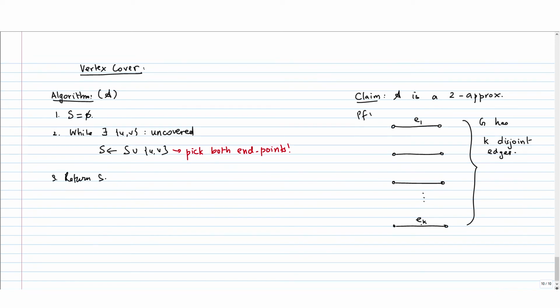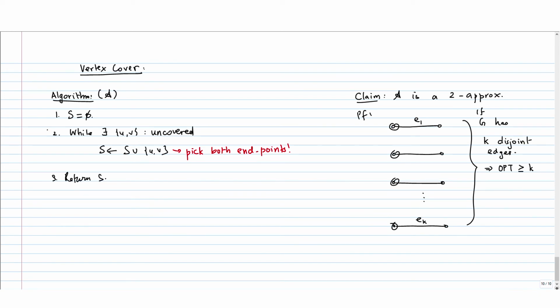So, if G has k disjoint edges, then the optimal solution is at least k. Why? Because you need a separate vertex to cover every edge. No two edges in this set can be covered by the same vertex. So, every edge requires one vertex.